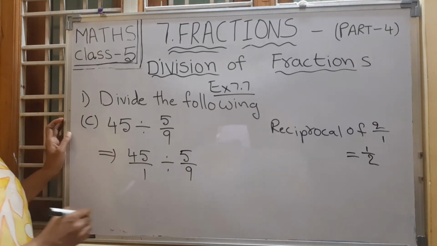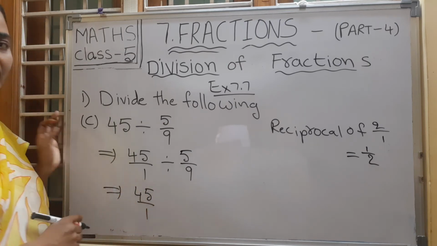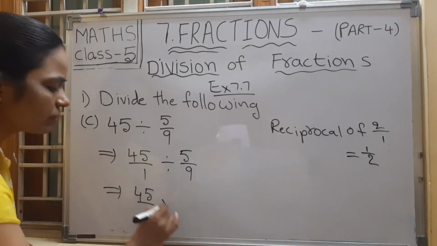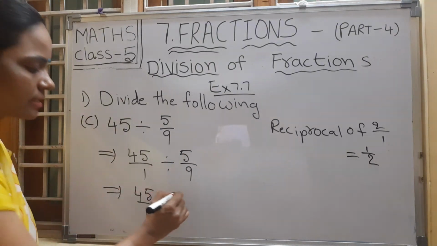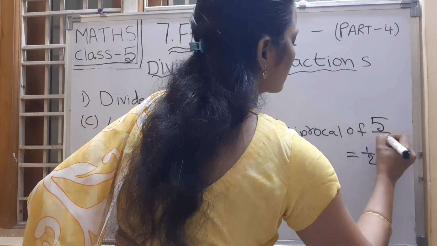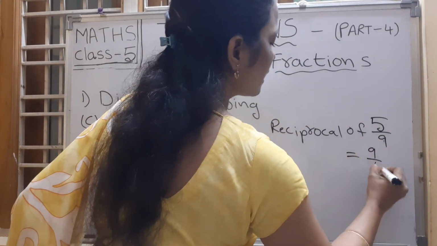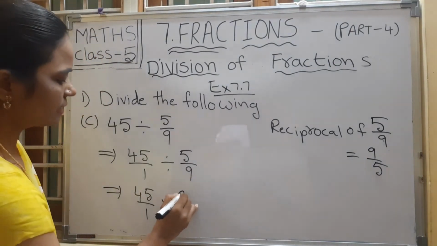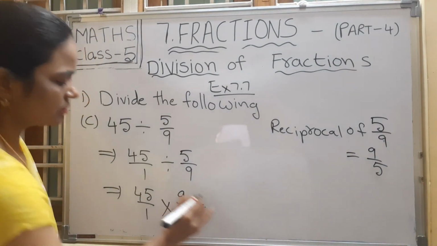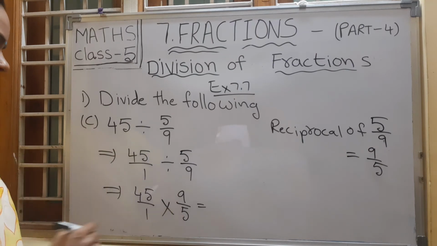Okay. Now the first fraction take as it is, and this should be multiplied with the reciprocal of the second fraction. So what is reciprocal of 5 by 9? It is 9 by 5. Okay. 45 by 1 into 9 by 5.